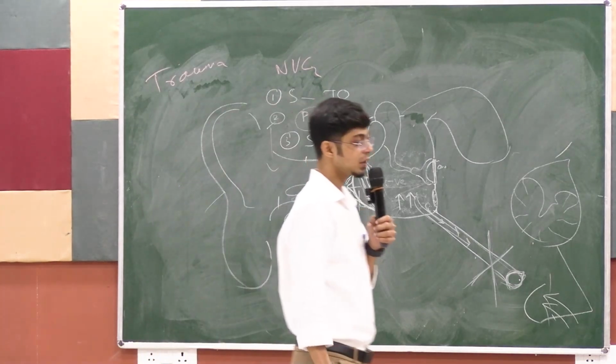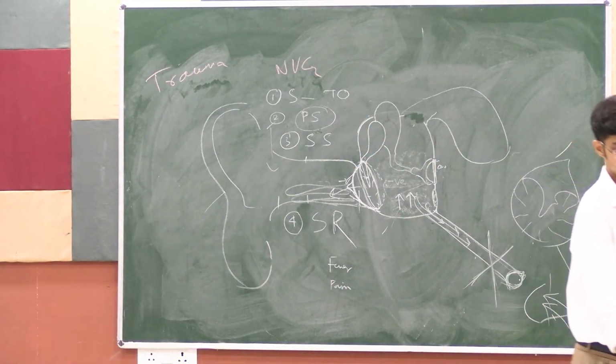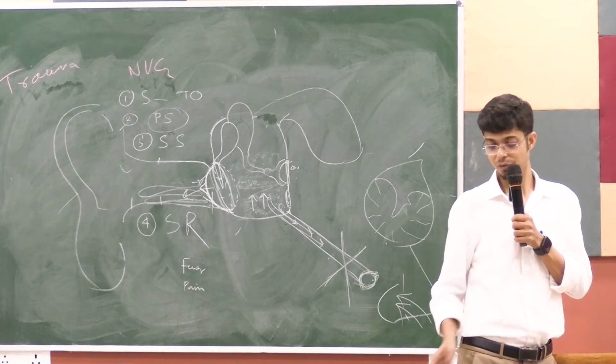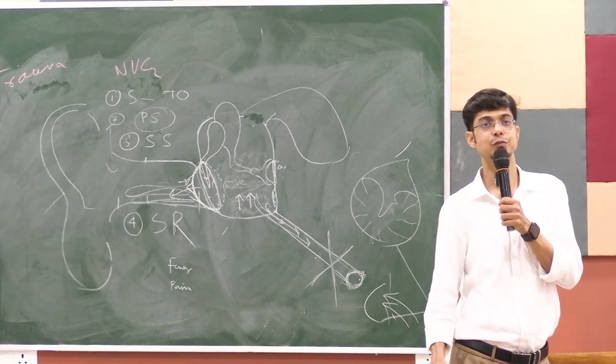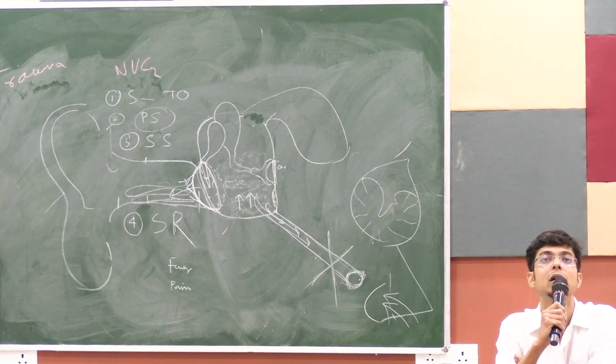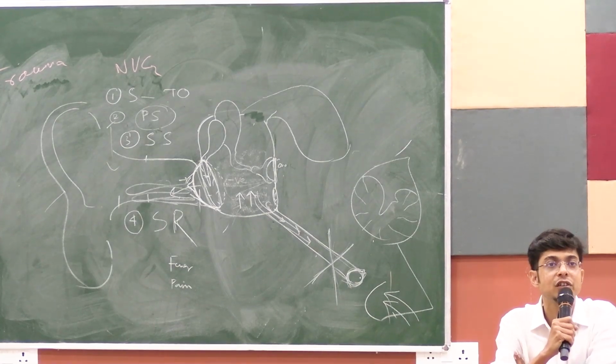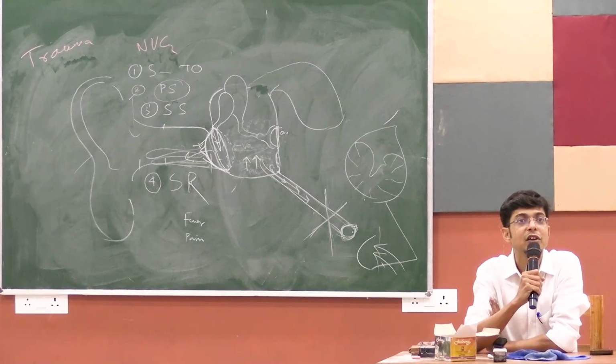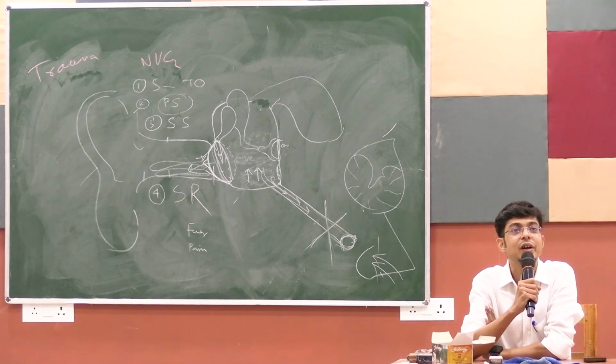So tell me, what can be the treatment of acute otitis media if a patient comes to you? Antibiotics, okay. So you are studying pharmacology as well, right? So what antibiotics do you think would work here? Just go for it.